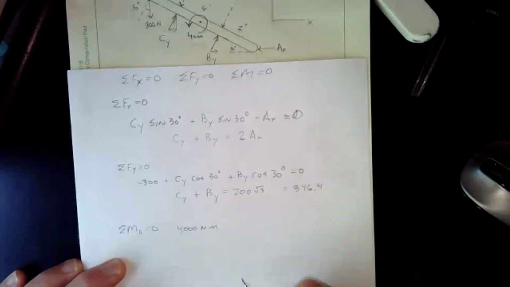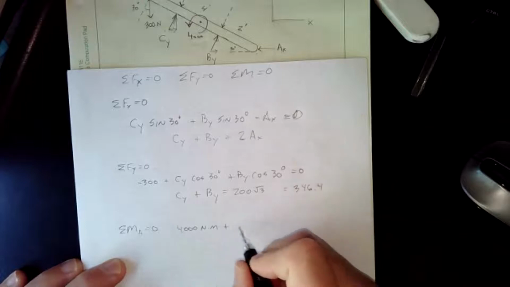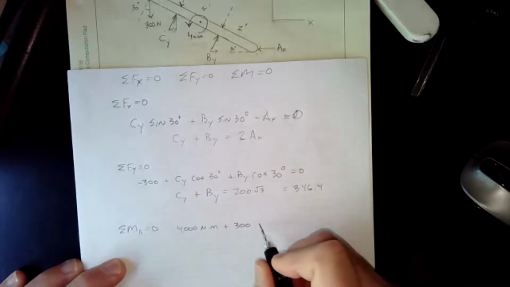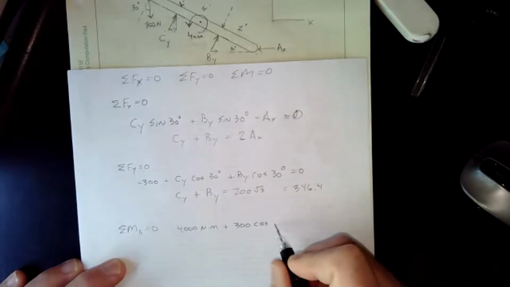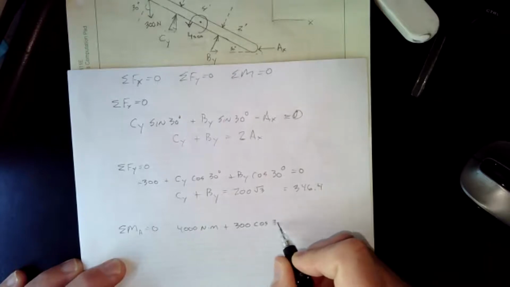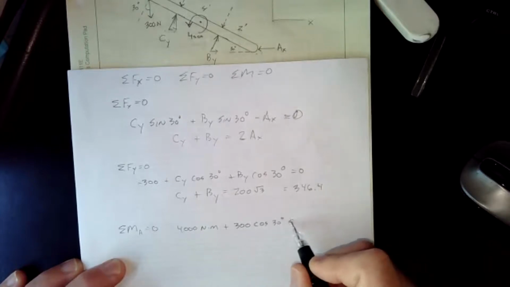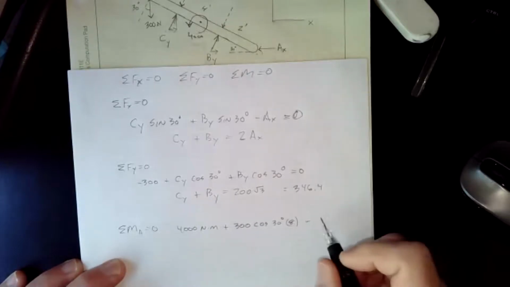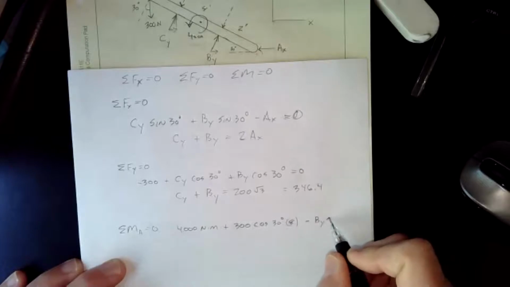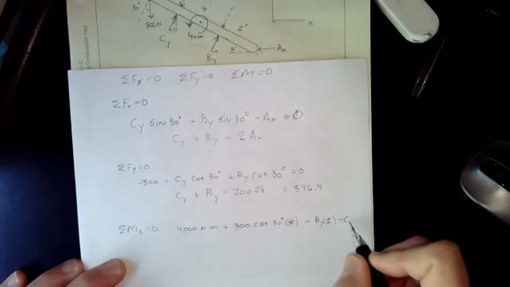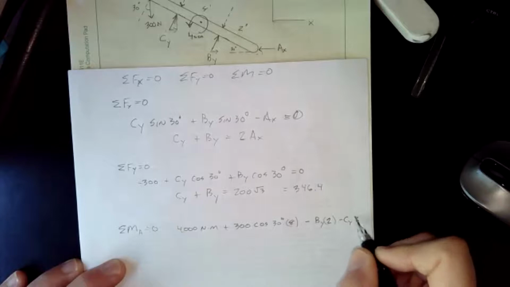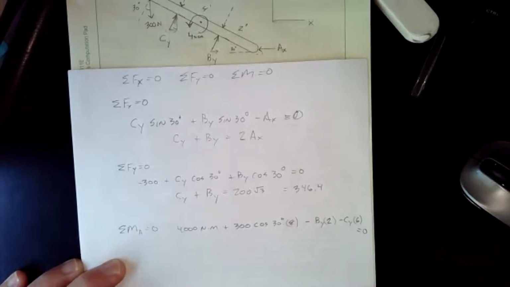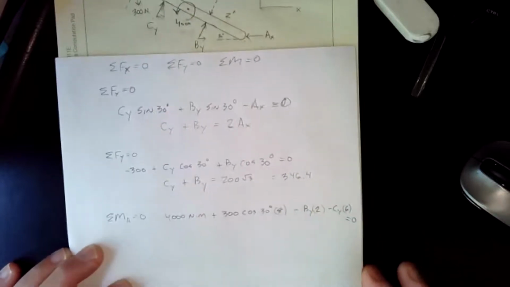And then I'm going to have plus 300 cosine 30 degrees. And the distance is 8 meters from A. And then that's going to be minus BY times 2 minus CY times 6. And that'll equal 0. I'm sorry, it's getting kind of messy.